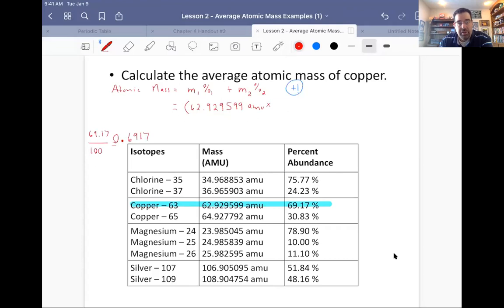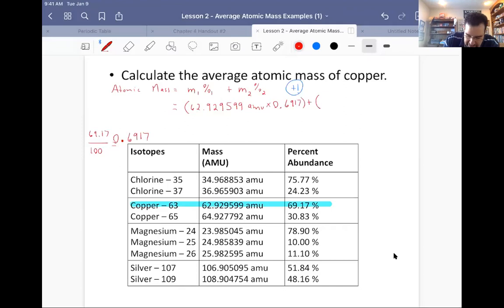0.6917. Okay, so when we have our percentage, you have 2 choices. You can either go 69.17% in your calculator, or if you don't want to hit the percent key, then you're going to slide that decimal over 2 places to the left, because a percentage is a number out of 100. And so that's going to be 0.6917.